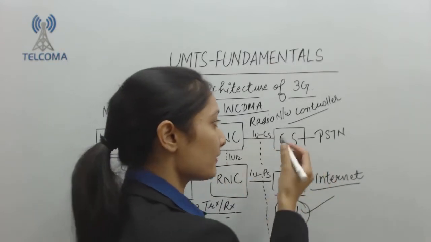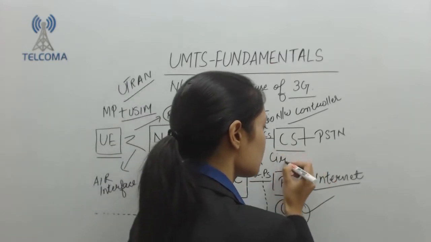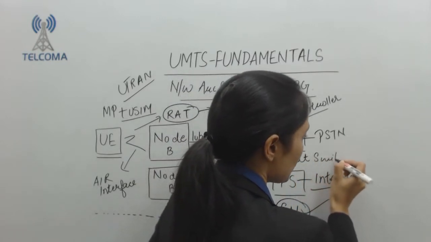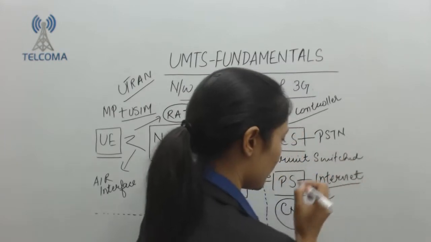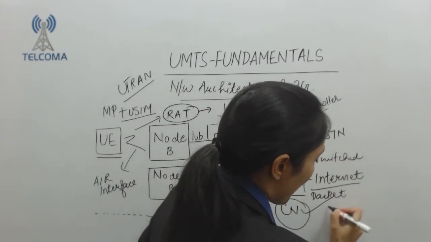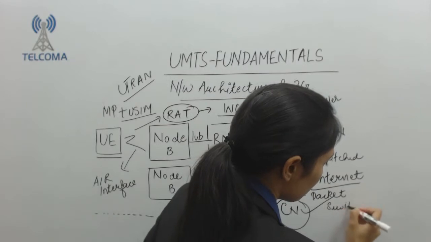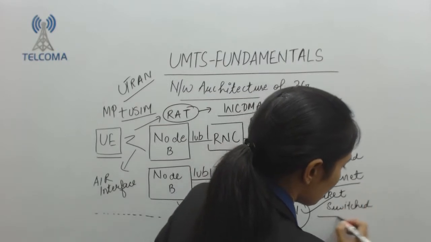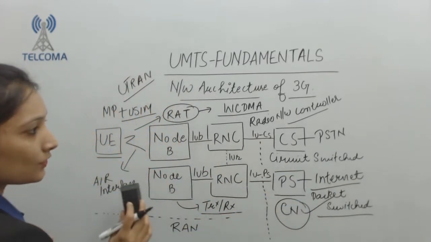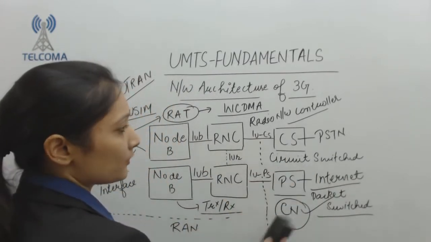The CS here refers to the circuit switched domain, and this is the packet switched domain. Now we'll have a look at what these circuit switched and packet switched domains correspond to.